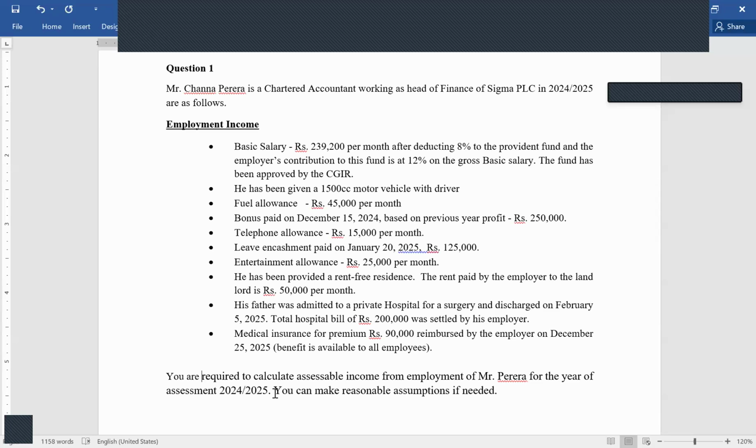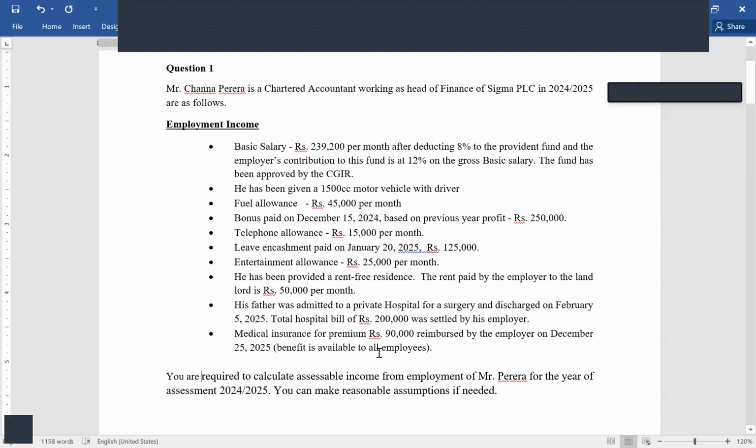If a specific clarification is not given, only then should you make reasonable assumptions. If I have clearly mentioned something, it is not necessary to make assumptions because it has already been given. Okay, so you are going to calculate year of assessment 24-25.